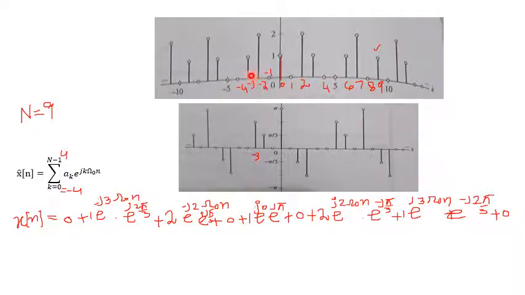At minus 3 we have the phase equals to, you see this is pi by 3 and this is pi, so that means this is basically 2 pi by 3.